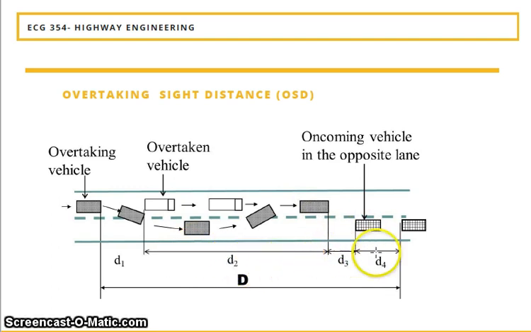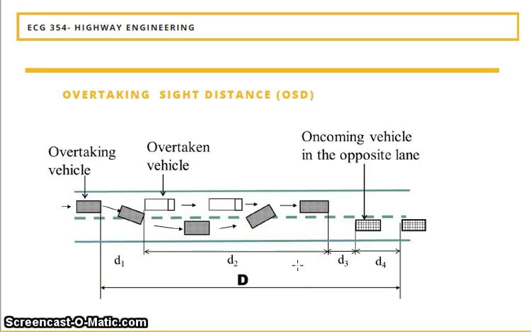D3 is the distance between the overtaking vehicle and the oncoming vehicle, and D4 is the distance from the front of the vehicle to the front part of the other vehicle, the head width. So the total of D1 plus D2 plus D3 plus D4 equals capital D, the overtaking sight distance.